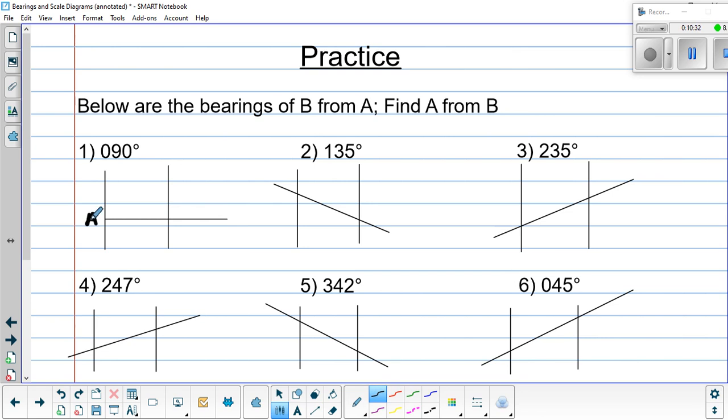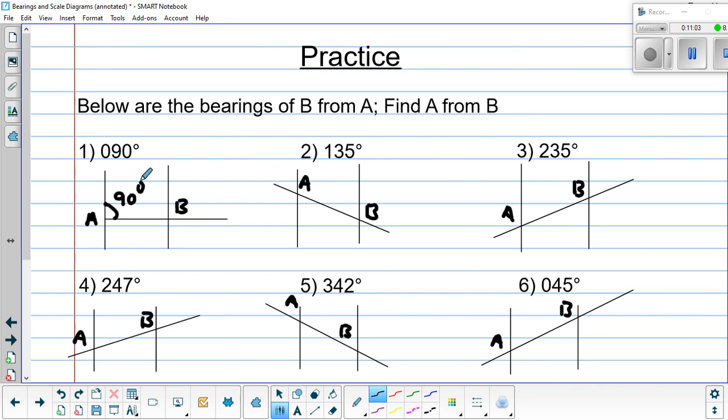We know that we have an A and we have a B in each of these, and they all just go left to right based on how I drew them. If you do them differently, your labeling might be a touch different, which is fine. But with my conventions and what I've shown you, they should all match up as such. Okay, so we know A to B, or B from A, is 90 degrees.